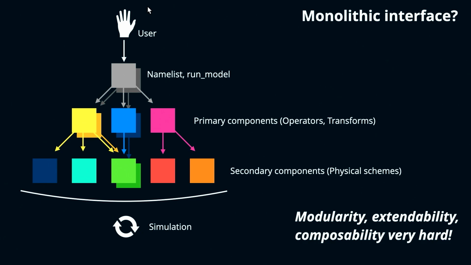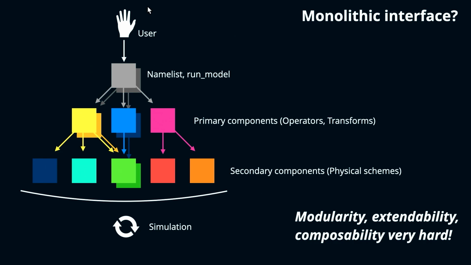But if you want to make any more substantial changes, and this is why I've drawn this pyramid. So let's say you have your namelist and you cannot change the precipitation in the model as you would like to, but the precipitation is actually defined in this green block, which is further down.